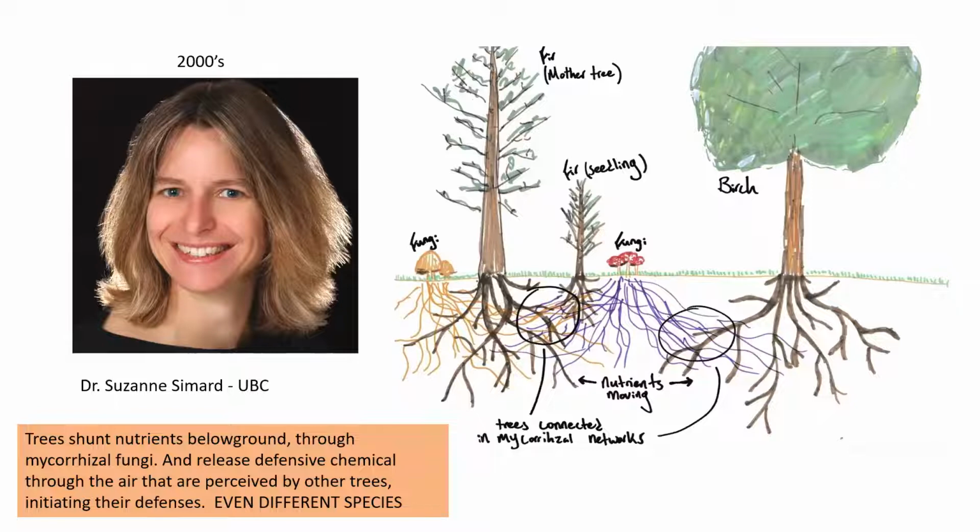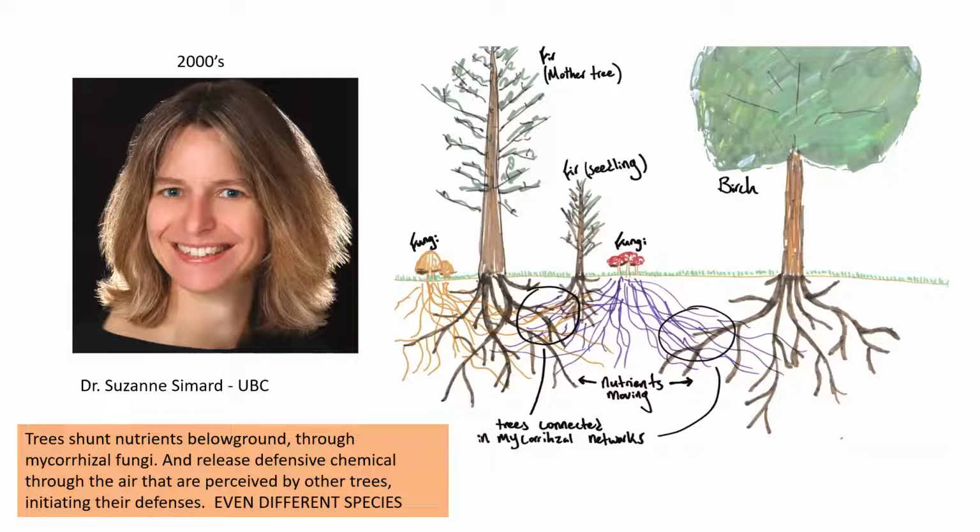And they do. Injected radioisotopes into this individual tree end up showing up in other trees around that one tree. They are sharing nutrients below ground, different individual trees.